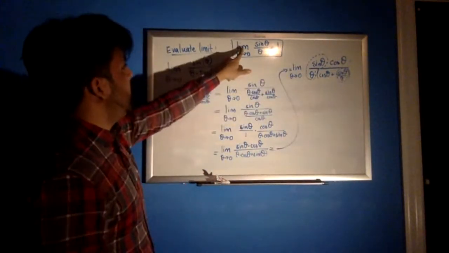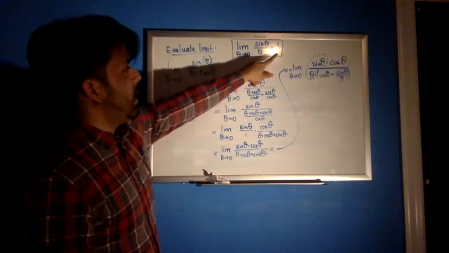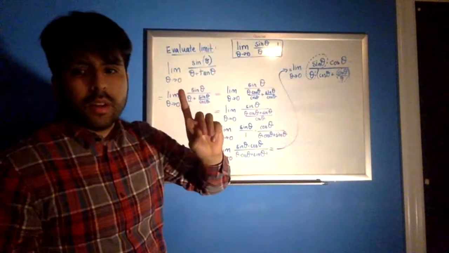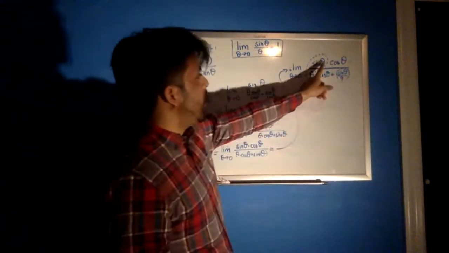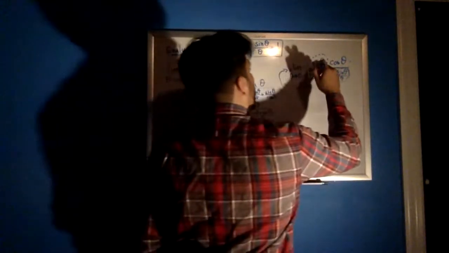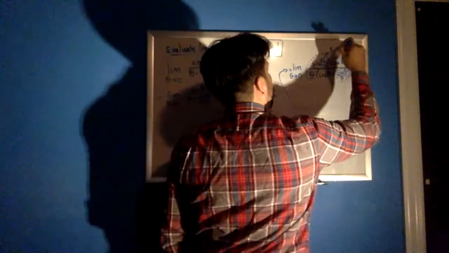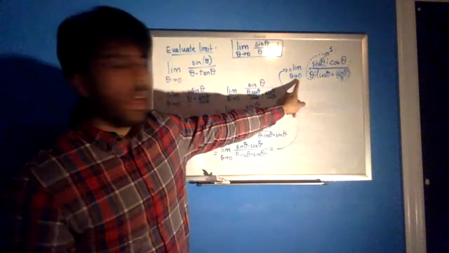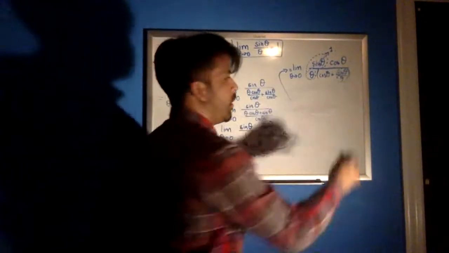And what do I know? The limit as theta approaches 0 of sine of theta over theta equals 1. So then sine of theta over theta, this goes to what? 1 as theta goes to 0.